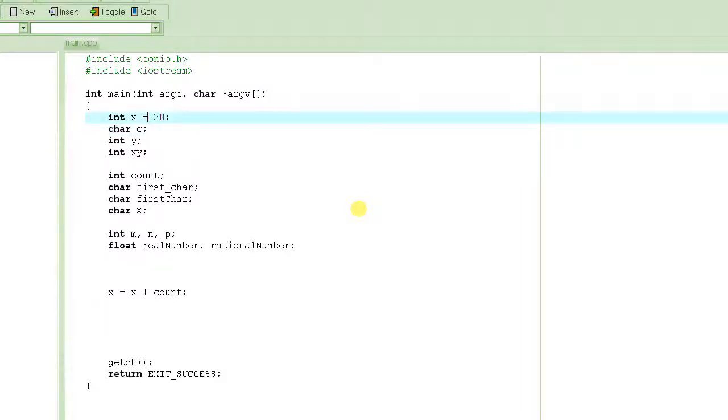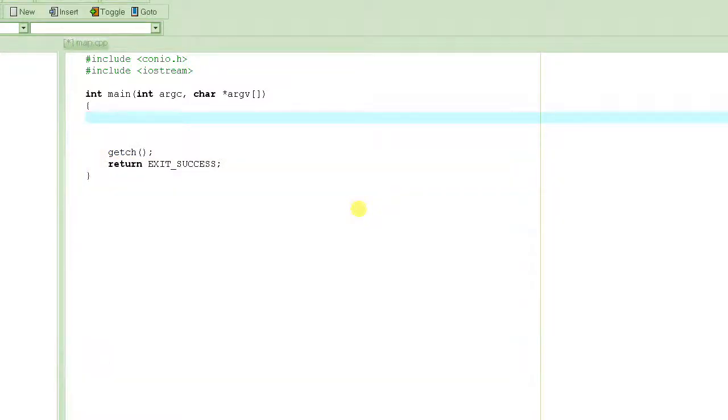Back to today's topic. We will be basically covering conditions in C programming language. This is the previous program. As you can see here, all the programs so far that we have written are purely sequential programs, and kind of boring actually, so they don't do quite a bit of things.